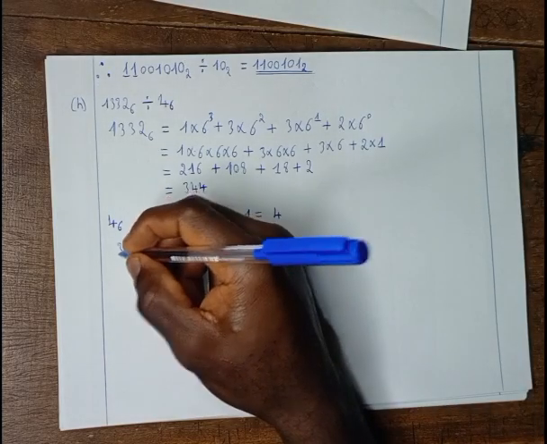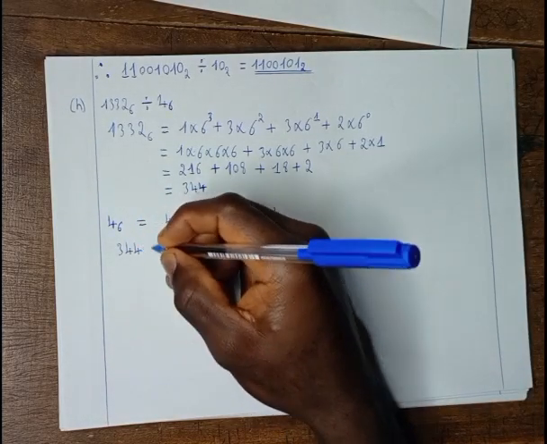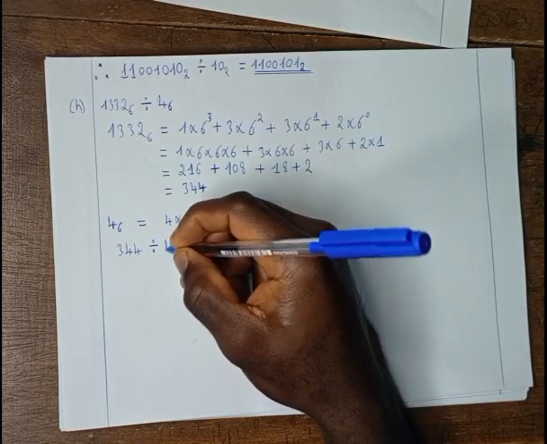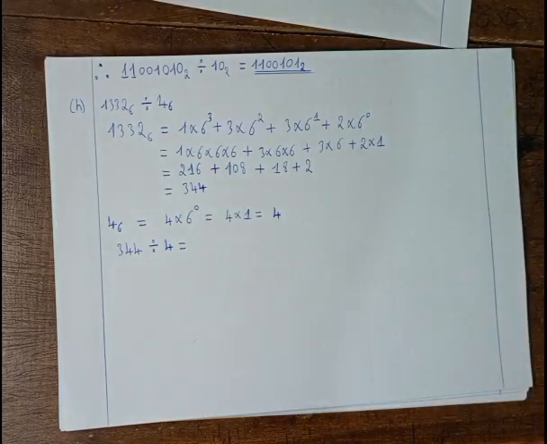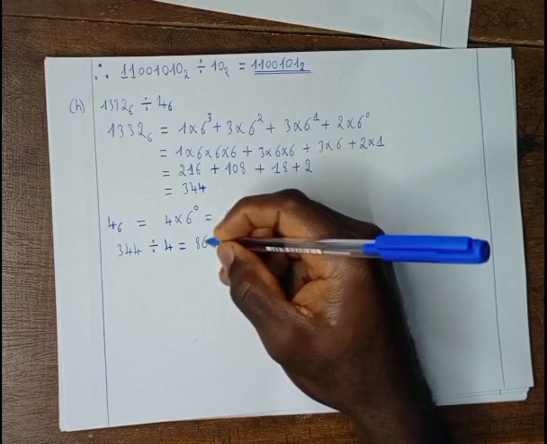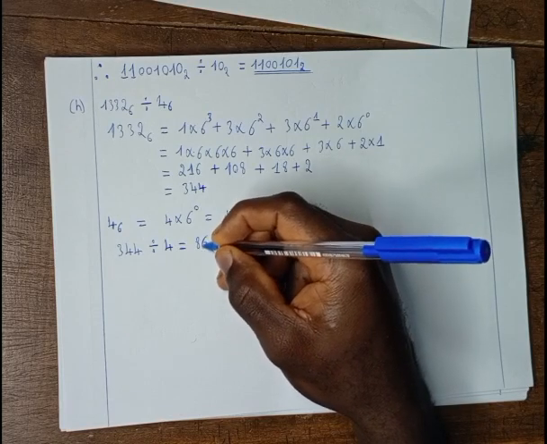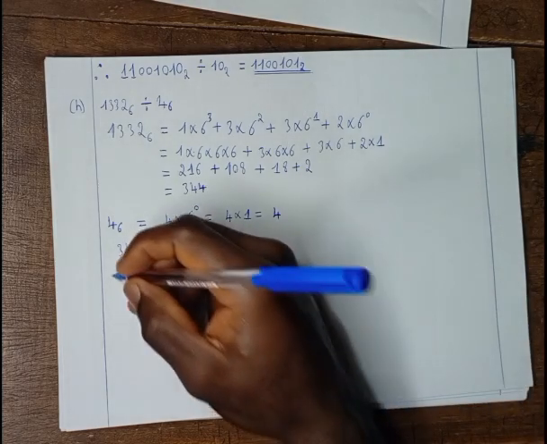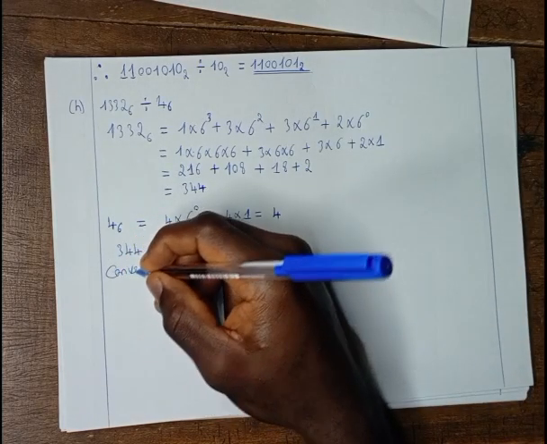Next thing, we have to divide the number 344 by 4. 344 divided by 4 will simply give us 86.